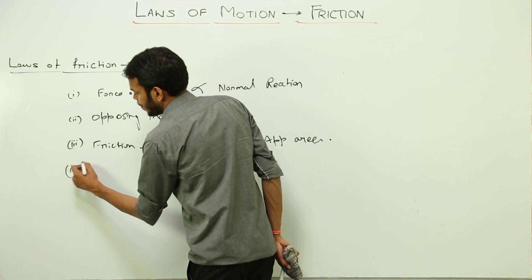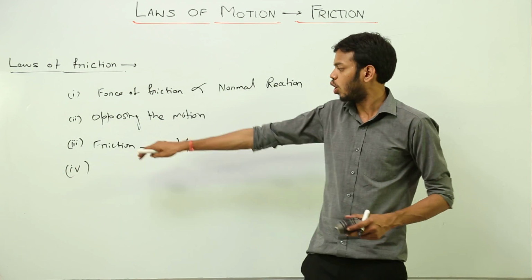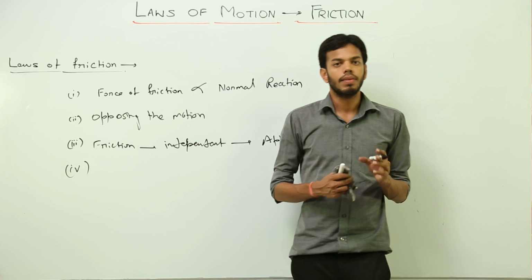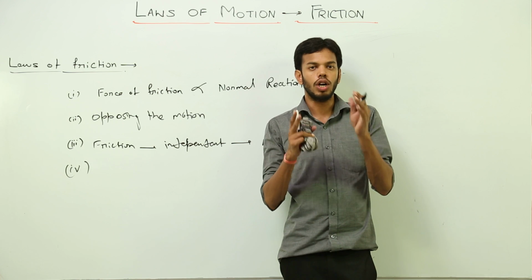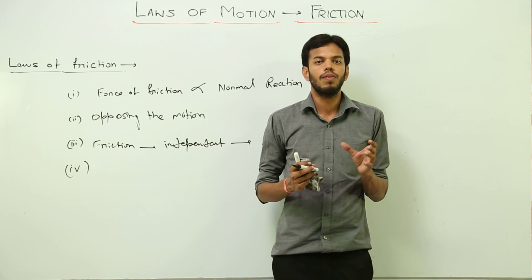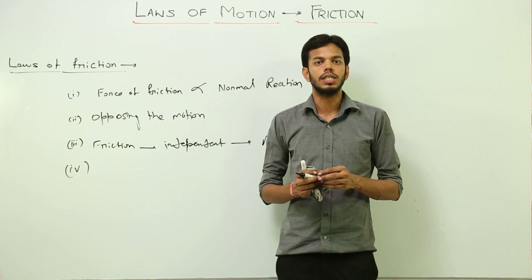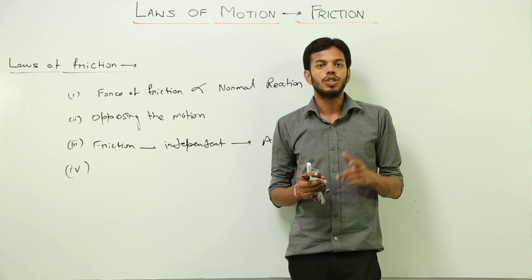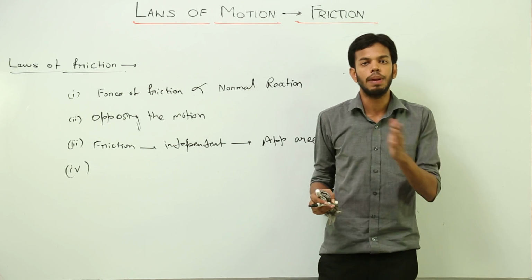The last law states that force of friction also depends on the nature of bodies in contact. For example, if I have a box made up of plastic, like a cubicle box, and I slide that cubicle box on this floor, it will cover some distance. But if I have the same size of cubicle box made up of rubber this time, it won't cover as much distance as the plastic box did.